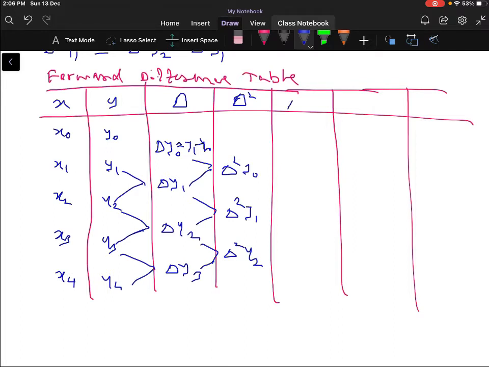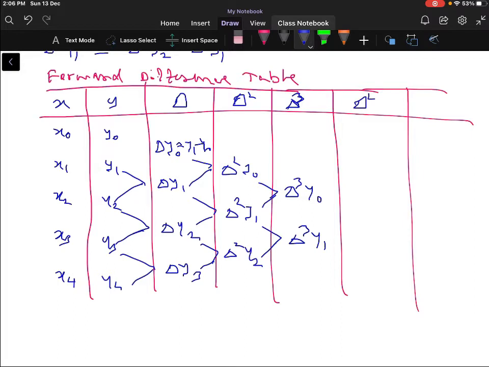Now let us define the third order forward differences, that is delta cube. Delta square y1 minus delta square y0 is delta cube y0. Delta square y2 minus delta square y1 is delta cube y1.